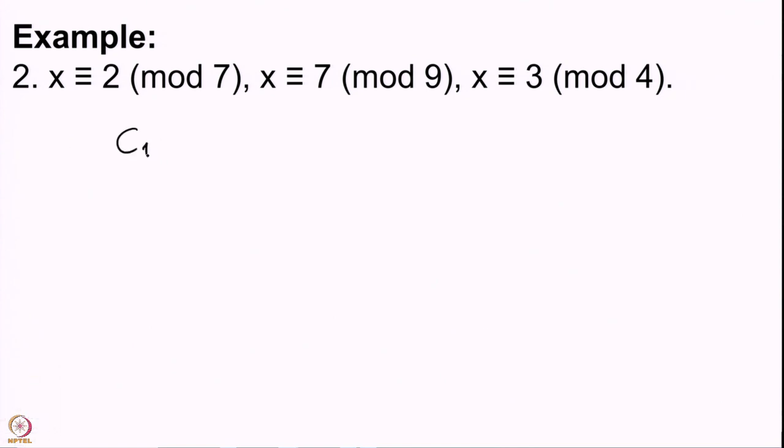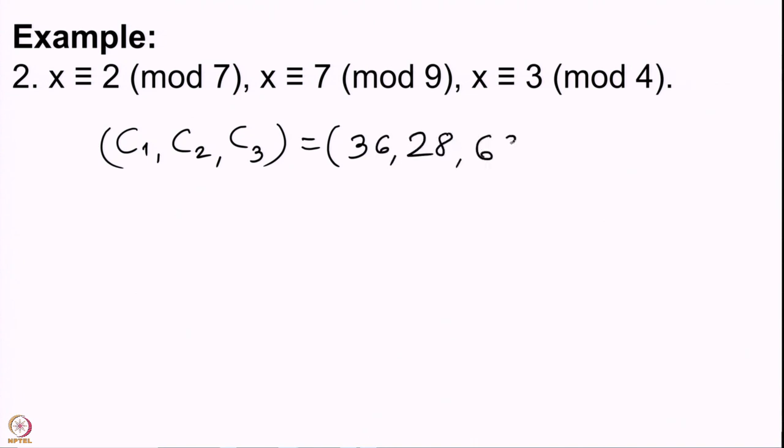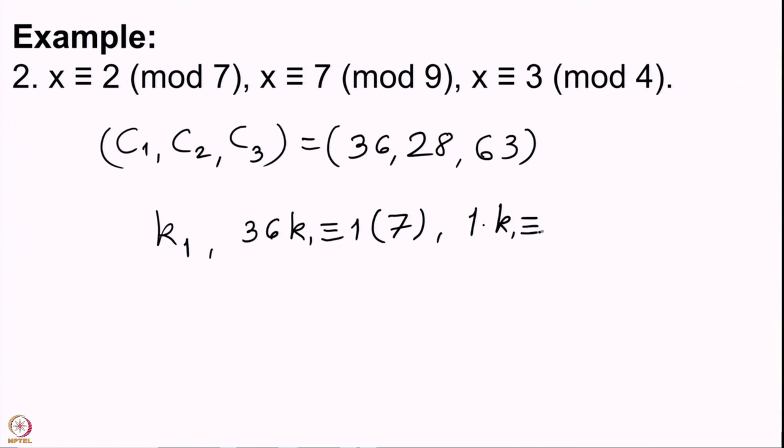So, C1, C2 and C3 are 36, 28 and 63, and I want to solve for K1. K1 should give me the property that 36 K1 should be 1 mod 7, but 36 is already 1. So, we have that this is 1 into K1 congruent to 1 modulo 7, and therefore, K1 is 1.